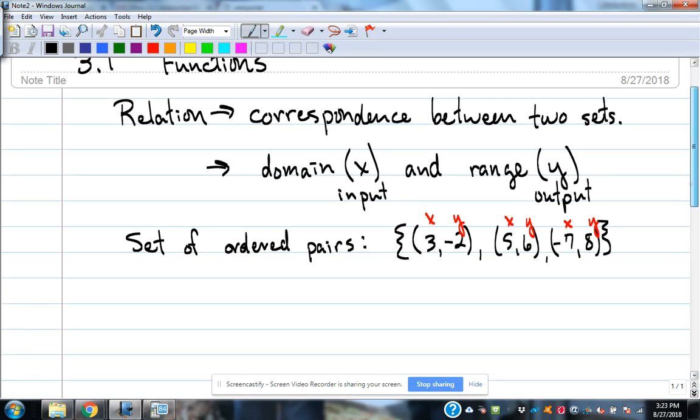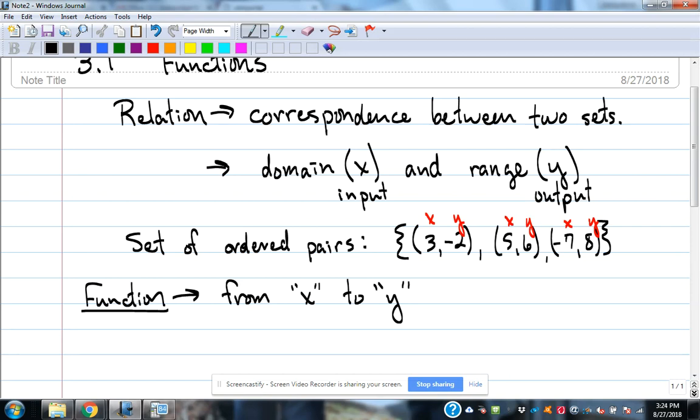Where we get into functions, a function goes from x to y. That's how we deal with functions in college algebra. For the most part, we're going from x to y. So the input is x, the output is y. They can be done the other direction, but in a college algebra class, we generally go in this direction every time.